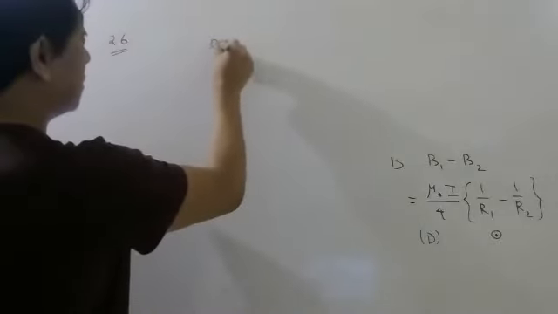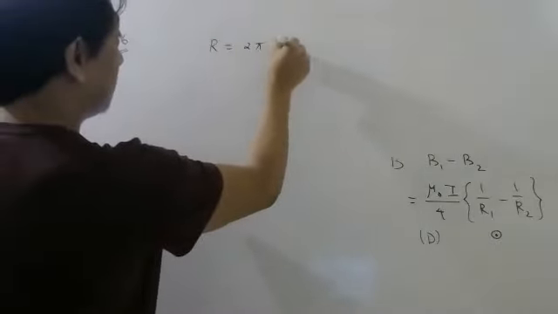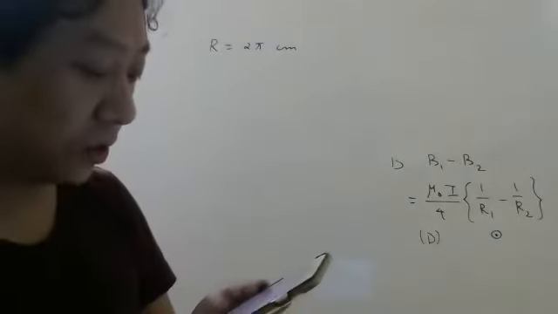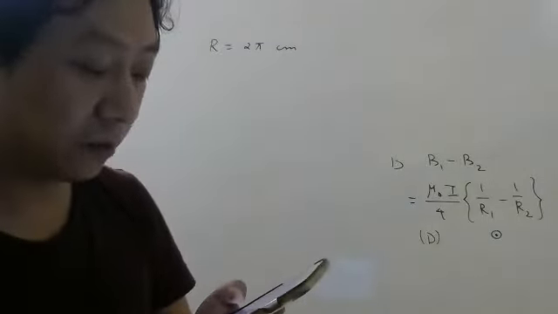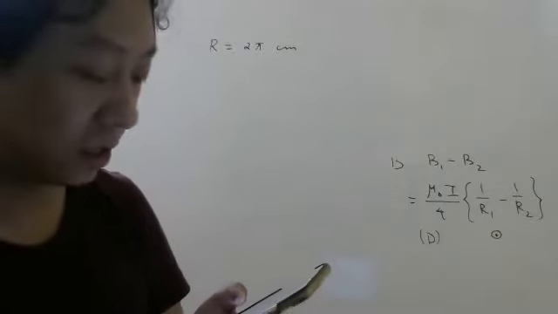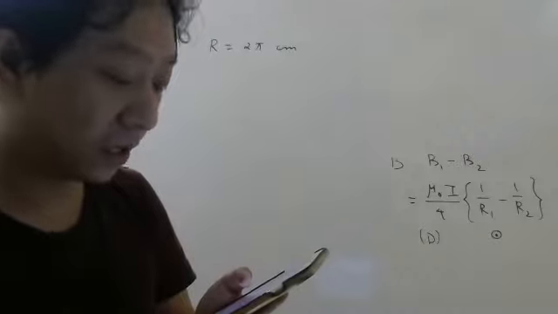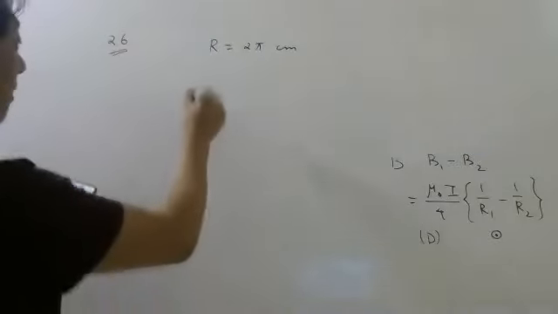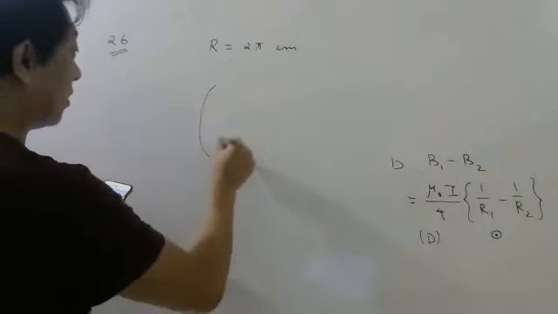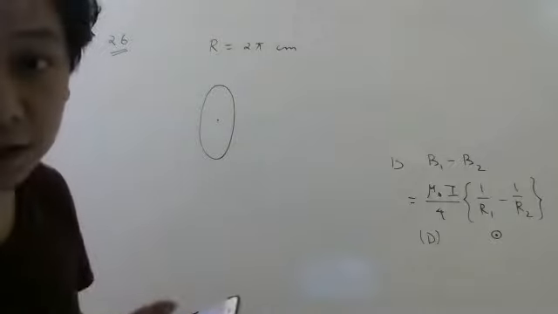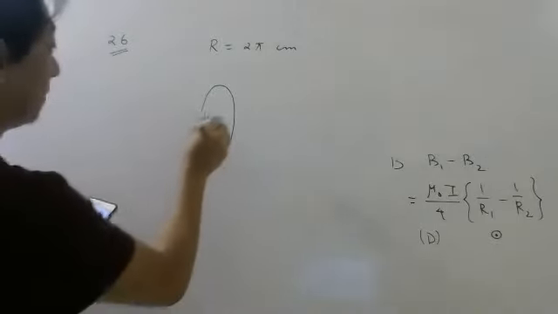Each of radius 2 pi centimeter are placed at right angles to each other. 3 ampere and 4 ampere are the currents flowing in the coils. The magnetic induction, that is, magnetic field at the center. Simple this also. But remember the coils are concentric. That means centers are same, but they are kept perpendicular.